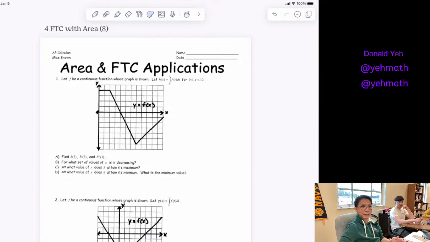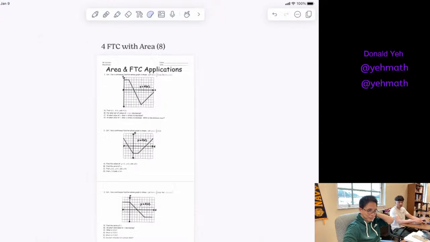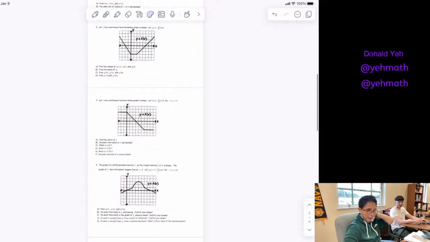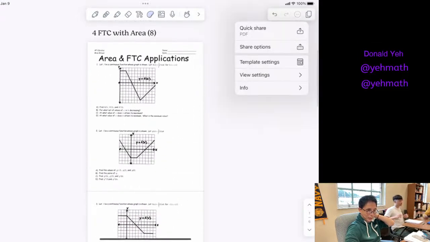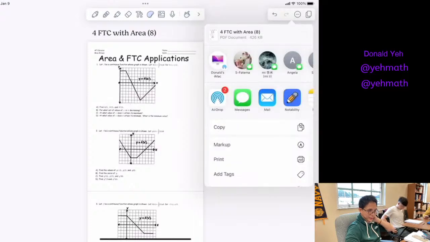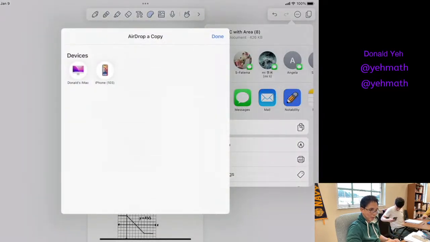Next thing we're gonna talk about is this one. Somebody already airdropped on WhatsApp, but I can airdrop to you if you want. So quick share. If you want me to airdrop, I'll just airdrop to you right now.